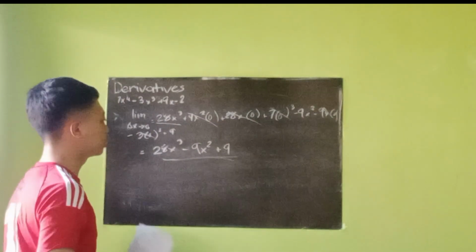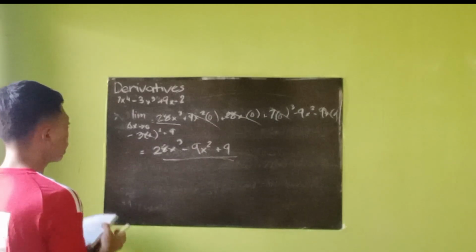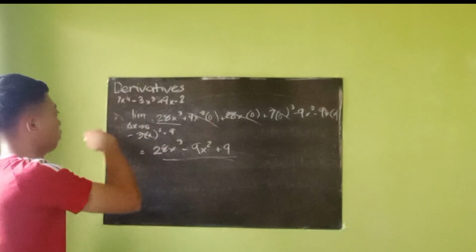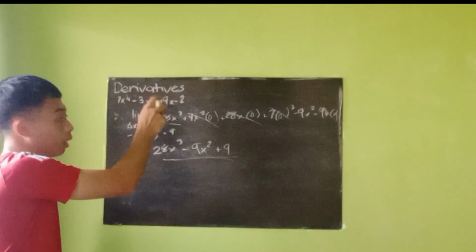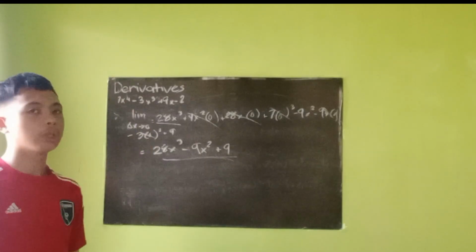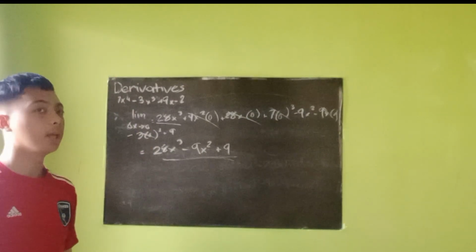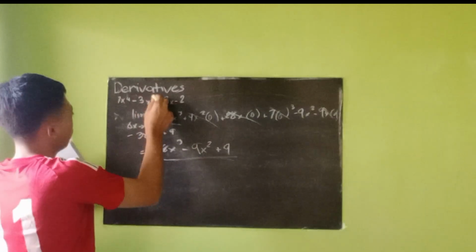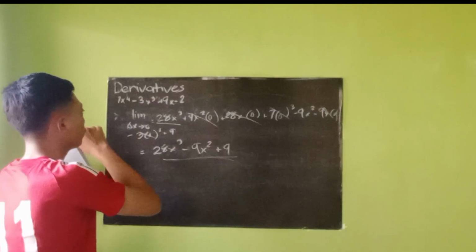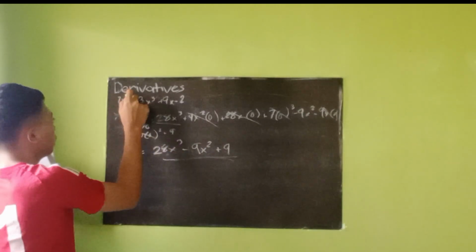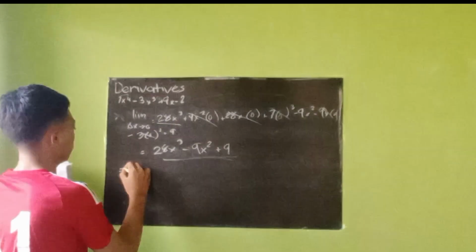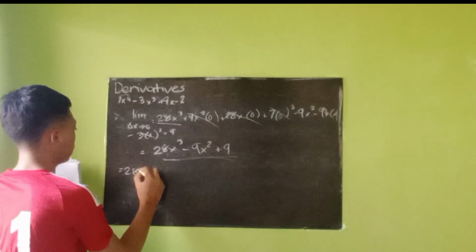Now, in order for you to check whether or not this one is correct, we can use the power rule. As stated, you multiply the exponent and the coefficient, and then your exponent will also be reduced by 1. So your derivative of 7x raised to the power of 4: 7 times 4 is 28.